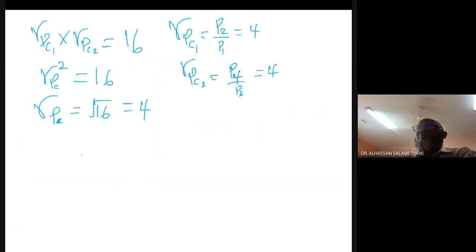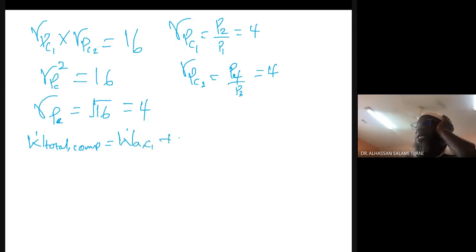So W total to the compressor equals WA compressor number 1 plus WA compressor number 2.